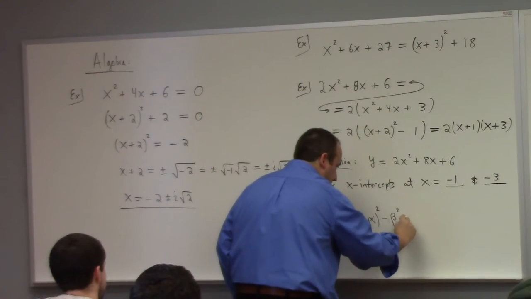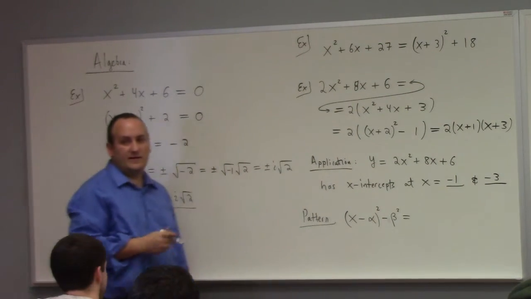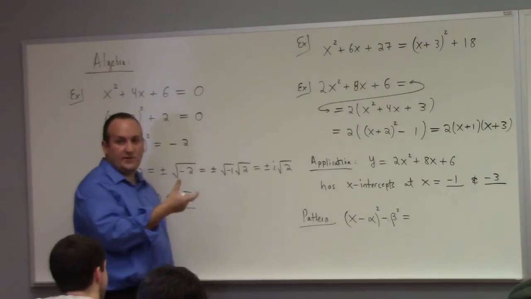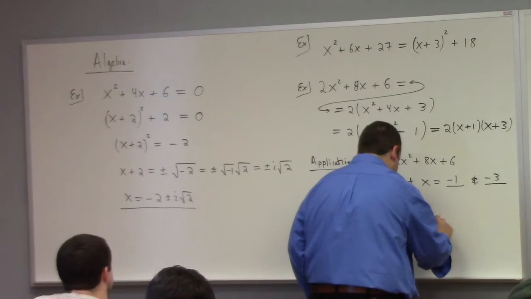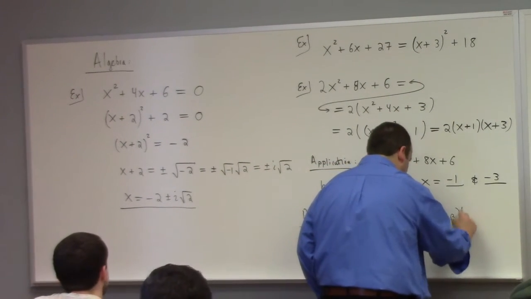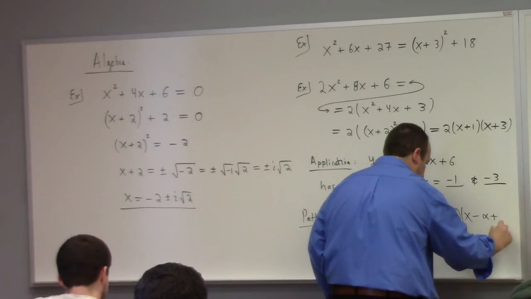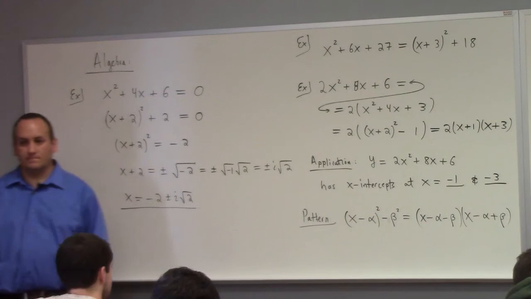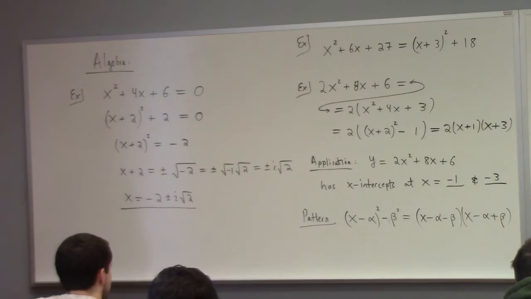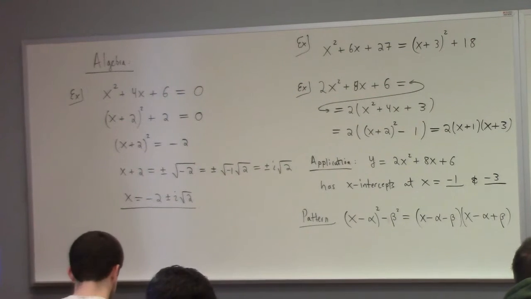If it's one of these with a negative, right? And so if you look at that, it's the difference of squares. So the difference of squares is x minus alpha minus beta times x minus alpha plus beta. If it's a plus beta squared and beta is real, then an imaginary number i comes into play. Right?